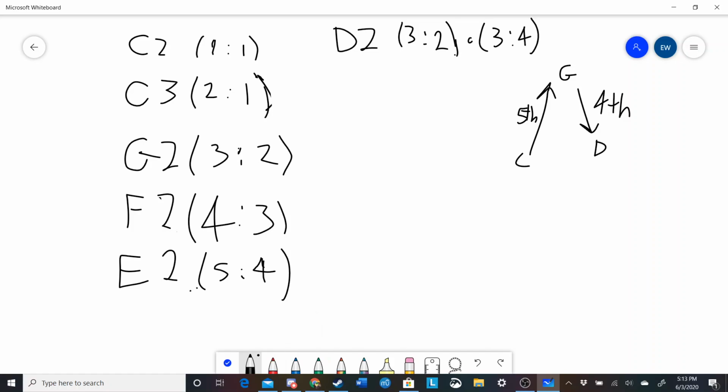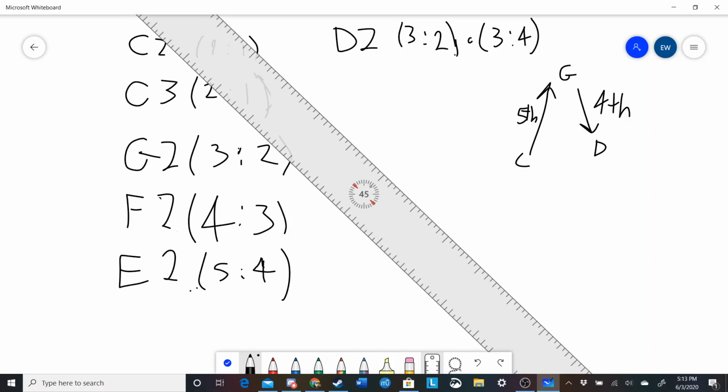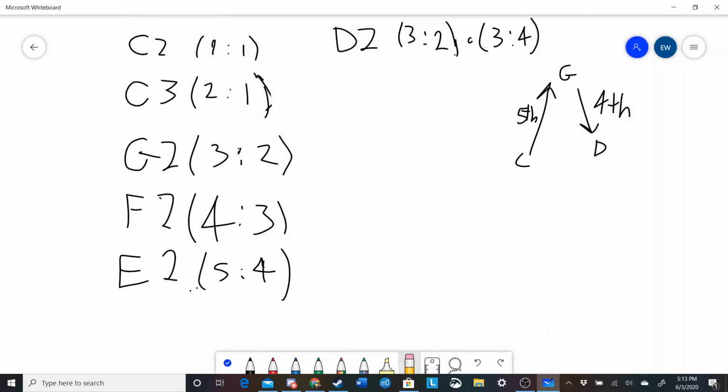Does that make sense? Since the ratio for a fourth would be 4 to 3, so going a fourth down would be 3 to 4. So if we multiply those, I'll go with the ratio, ruler. If we multiply those, we get 9 to 8.